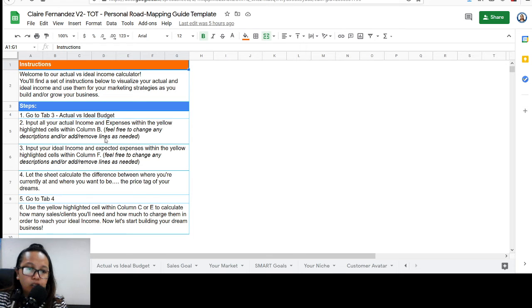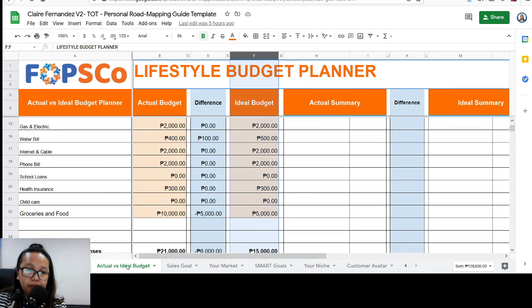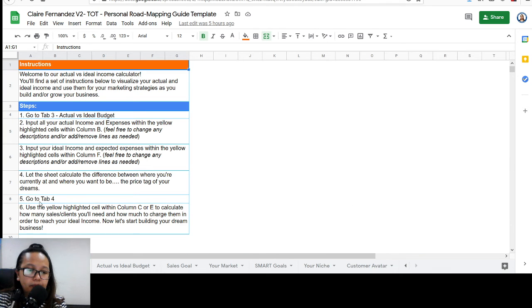Feel free to change any descriptions and or add remove lines as needed. Then we'll have to input our ideal income and expected expenses within the yellow highlighted cells within column F. So this is column F. Of course, feel free also to change any description and or add remove lines as needed.